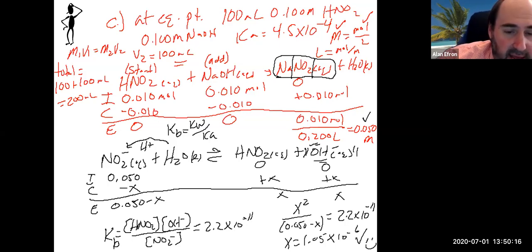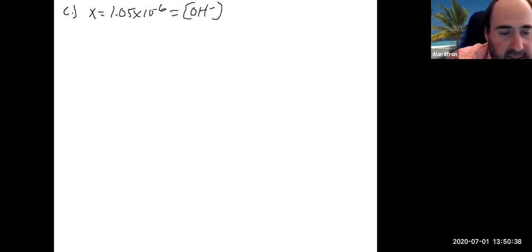That does mean now that if we go into our table, flip the page, if we go into our table for part C, we have an x value that equals 1.05 times 10 to the minus 6. And that equals from our table the OH minus concentration, which means we could calculate again, not the pH, but the pOH.